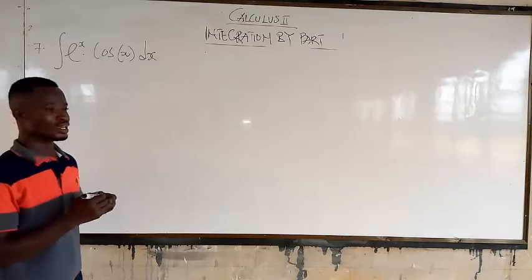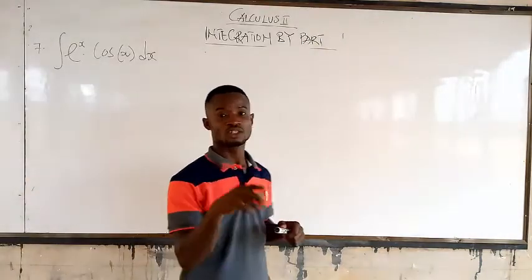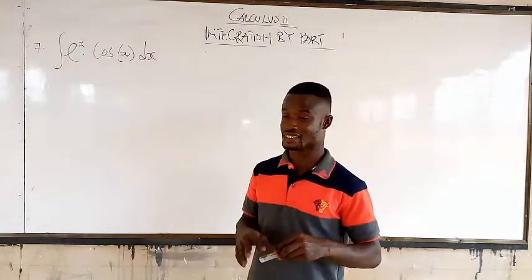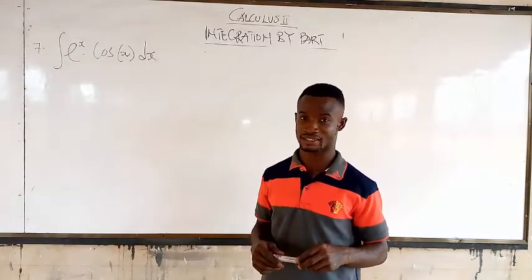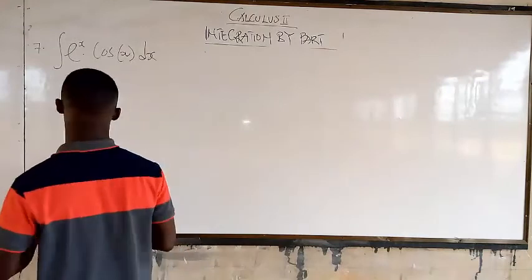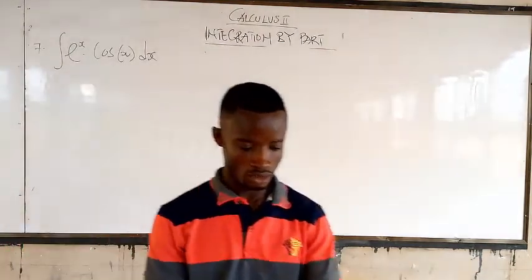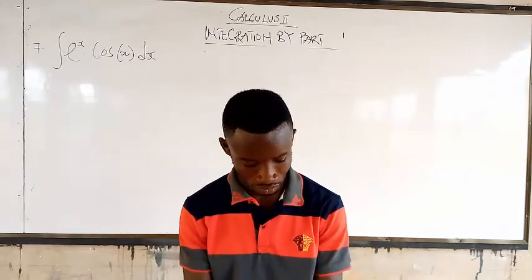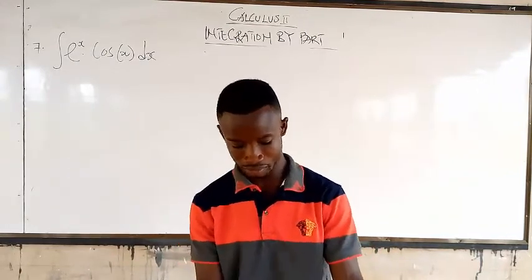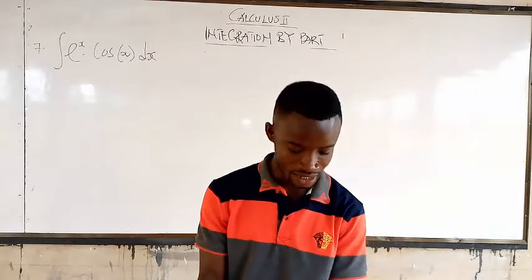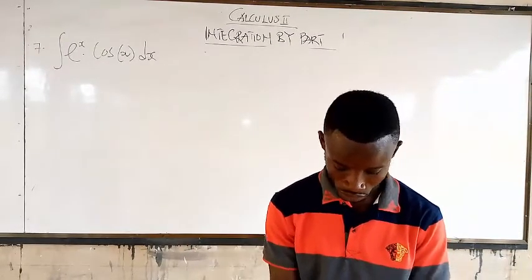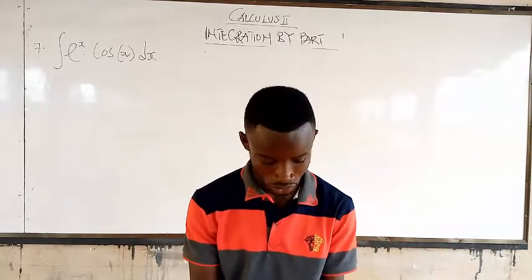Here, let me tell you straightforward. You can set any of them to be your u, alright? You can set any of them to be your u, yes. But as I first said, you can set any of them to be your u.